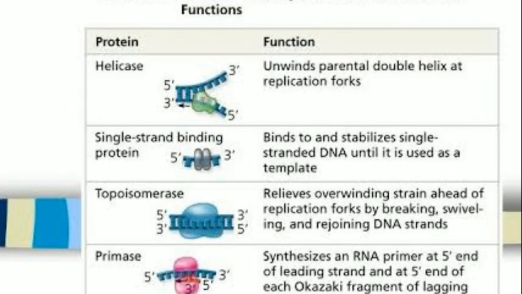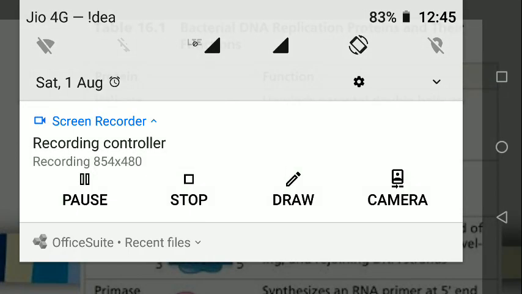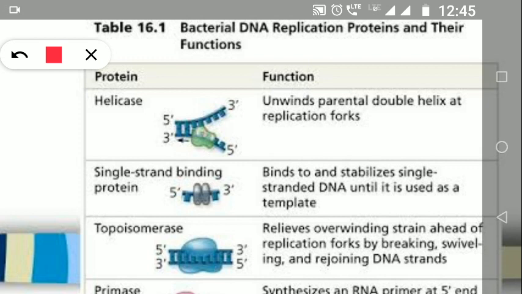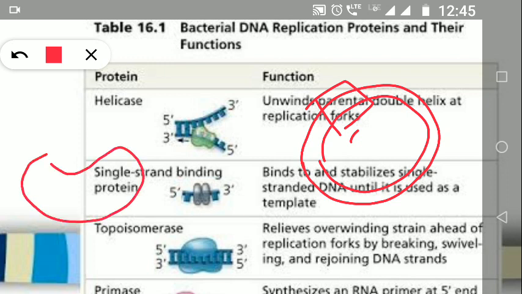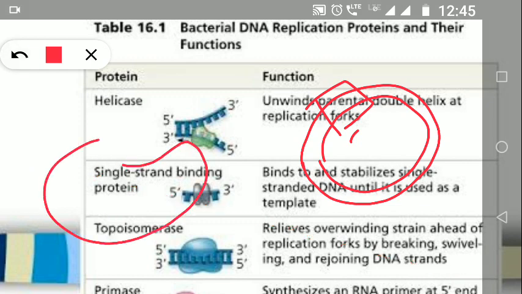This is the helicase protein. A helicase is a protein that unwinds the parental double helix at the replication fork. Replication fork means this: suppose this is the circular double-stranded DNA, and we have the origin sequence here.